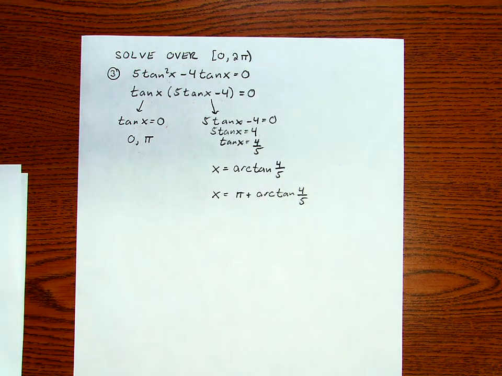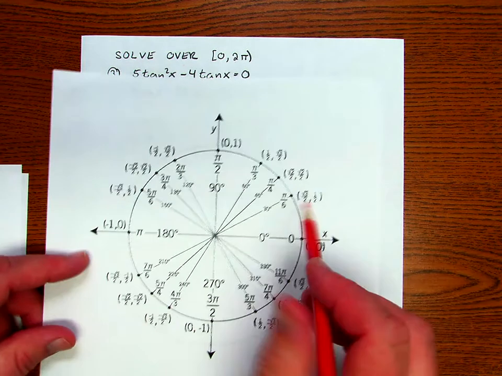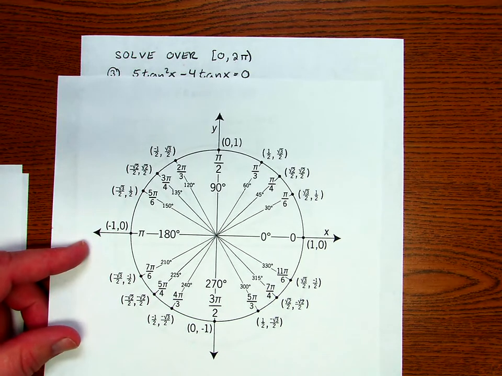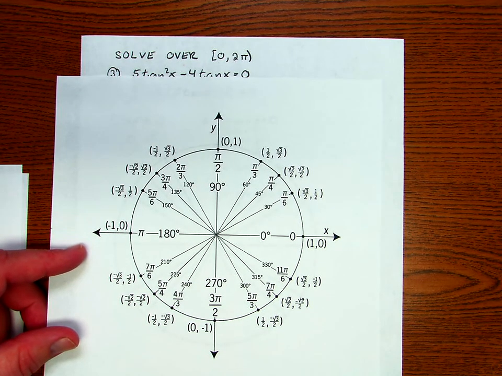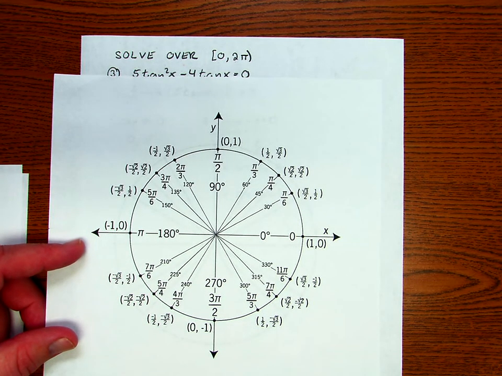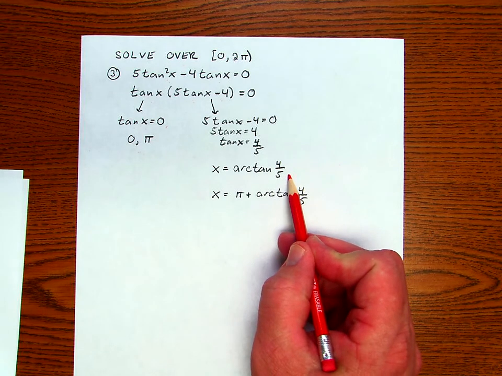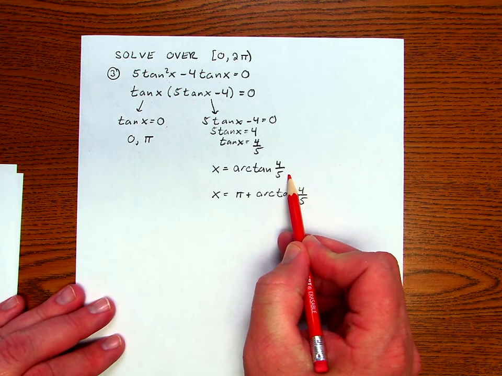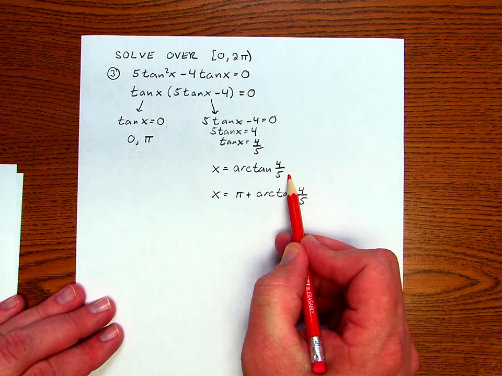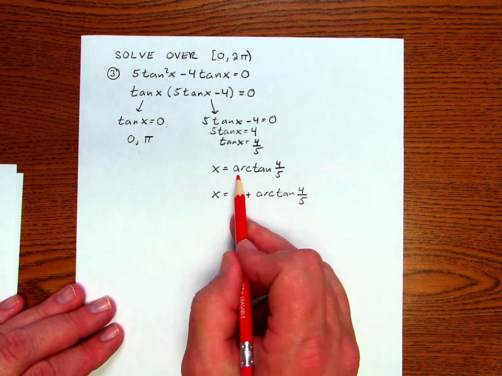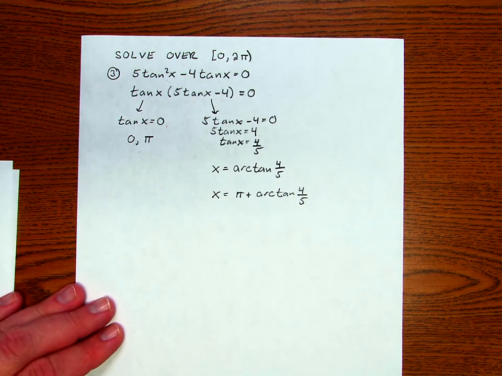There is no place on a unit circle where if you take the y coordinate and divide it by the x coordinate, or the sine divided by the cosine, you are going to get a fraction of 4/5. So the best we can do, without going to a decimal approximation, which we're not going to be doing for this, is to write that answer as the arctan of 4/5.